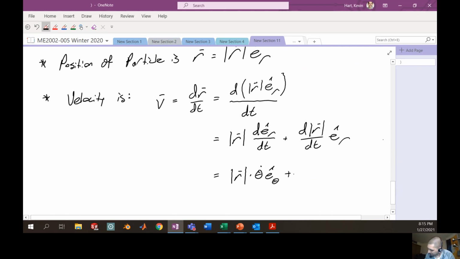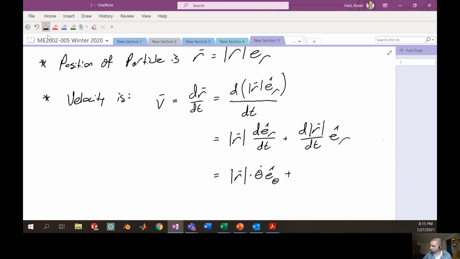And then we add to this the time derivative of the magnitude of the position. Let's talk about this for a second. I have a position vector that locates my particle, and over time that particle can move closer to me, if I'm the origin, or farther away. Even if the particle is traveling along some path, it can still be moving closer or farther away.